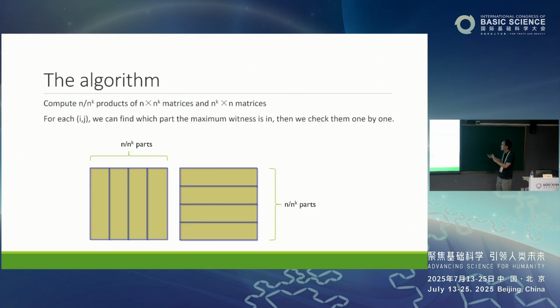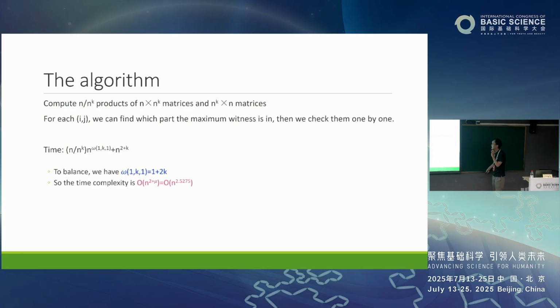By this method, we can find which part the maximum witness is in for every element. That is, we first locate which part contains the maximum witness, and then we enumerate the elements inside it one by one. If you compute the time complexity and balance these two, the time complexity of this algorithm is like n to the 2 plus mu.